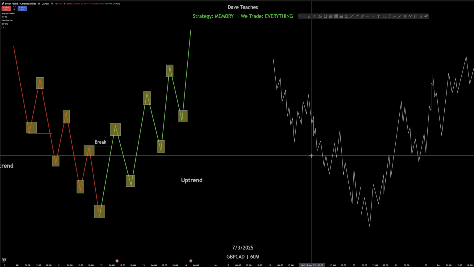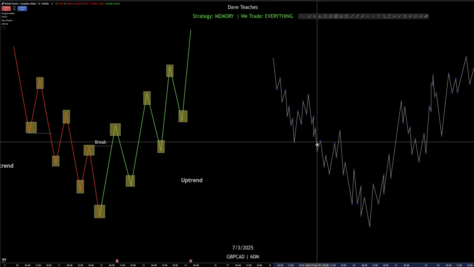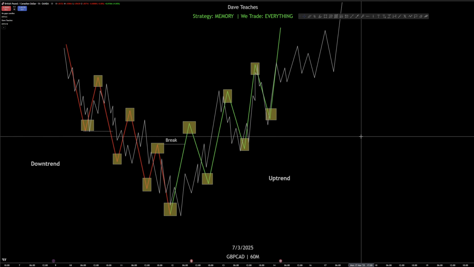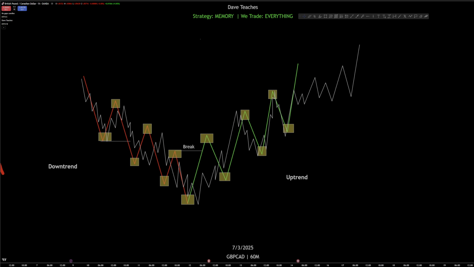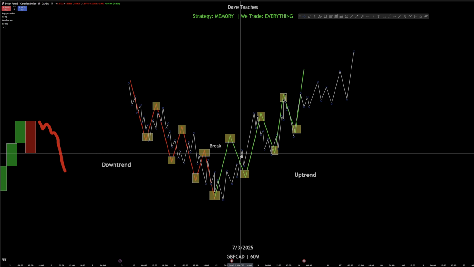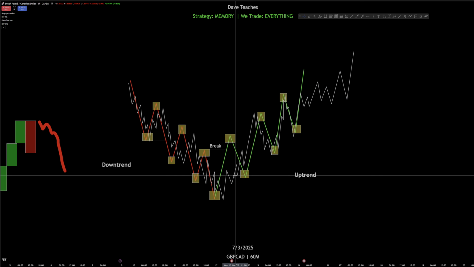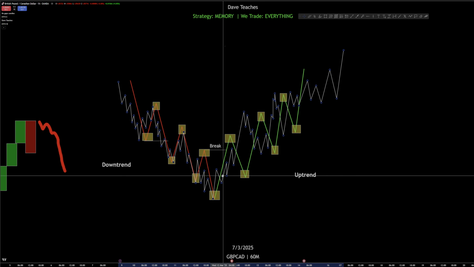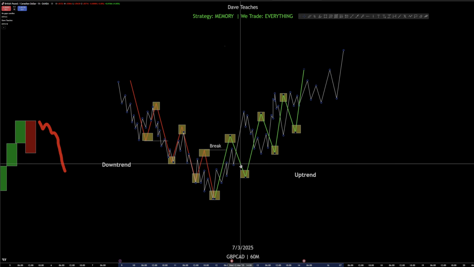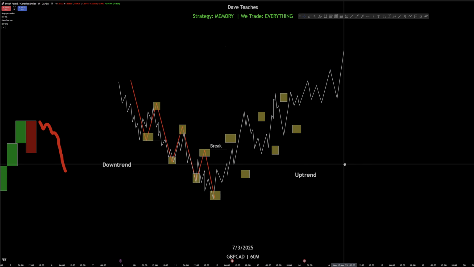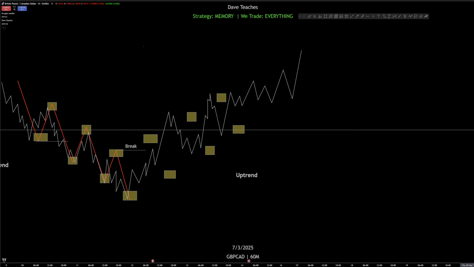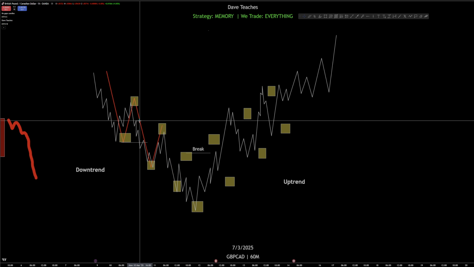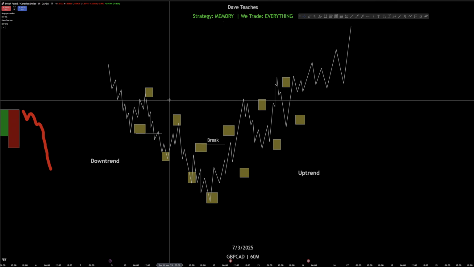So if I can overlay this on the current price action that we have here, now it looks a little more difficult. A little more difficult to follow, right? Because we see all of these highs and lows in here, and now it's not looking like the simple break up above, tap back in, and continue.